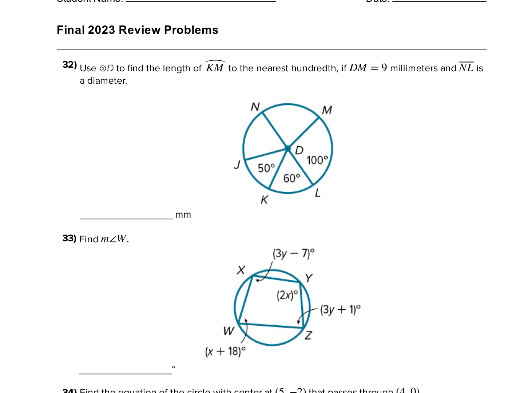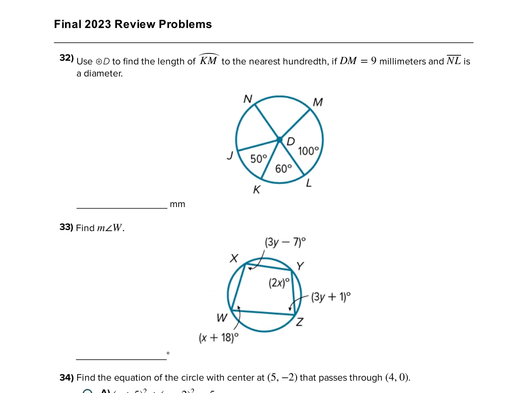Okay. Here we have central angles, because all of the angles are formed by radii, and we are told we're looking for the length of KM. DM has a measure of 9, which really isn't going to tell us much. NL is a diameter.